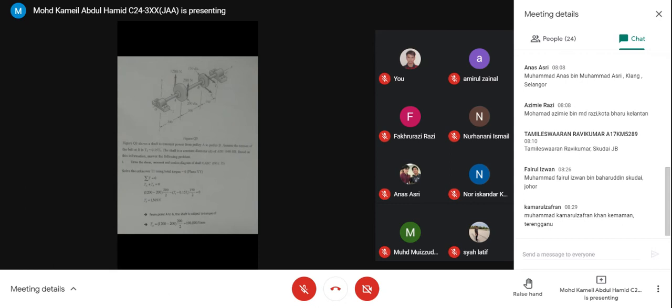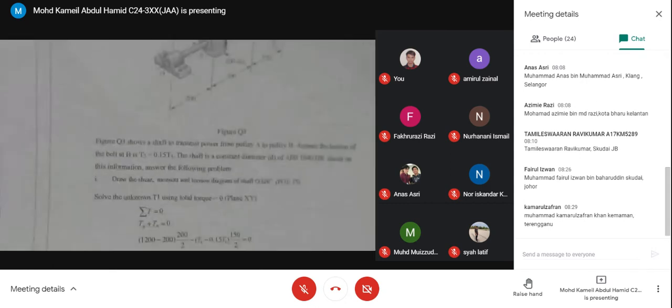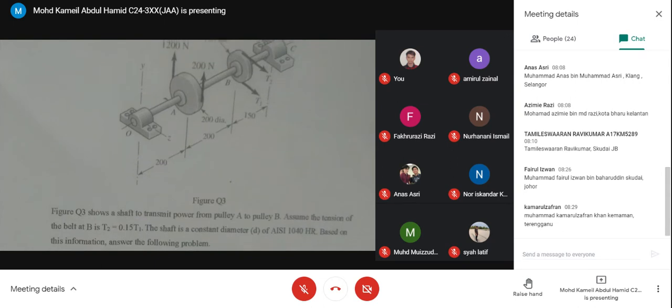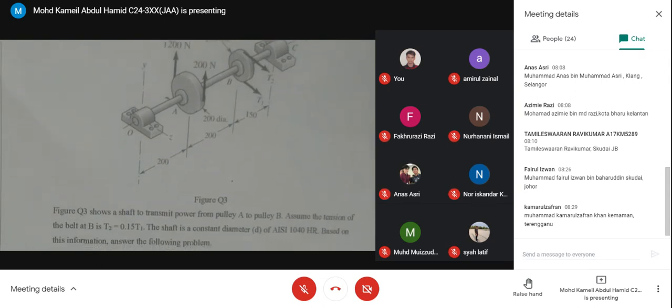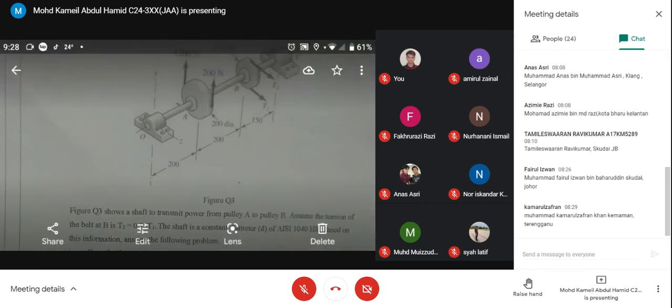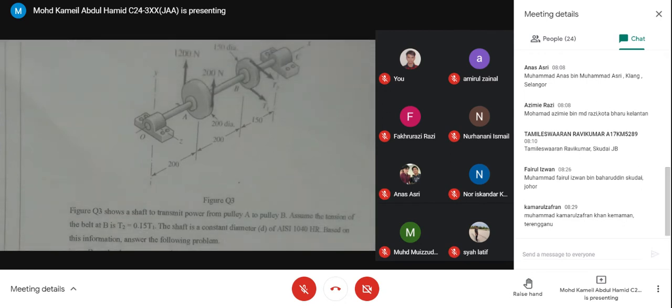Pulley B tu is given diameter 150 mm. Kemudian the shaft is given AISI 1040 HR. Based on this information, draw the shear, moment and torsion of shaft OABC.